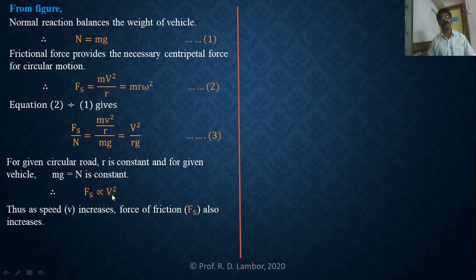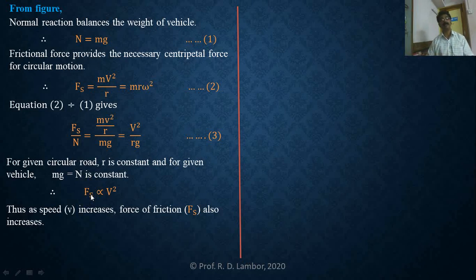So if you increase your driving speed continuously, what will happen? Frictional force will also increase, but not continuously. Up to a certain maximum limit, the frictional force will increase. And after that maximum limit, frictional force will not increase, it will decrease.